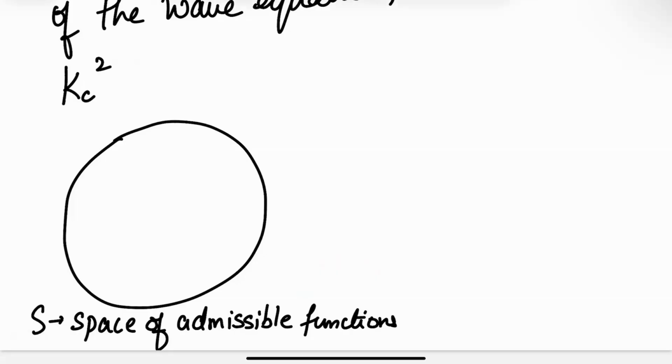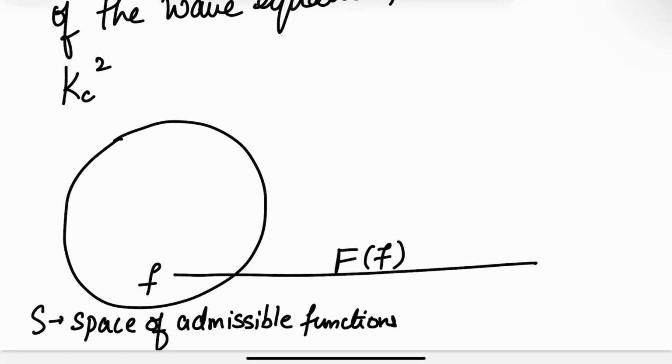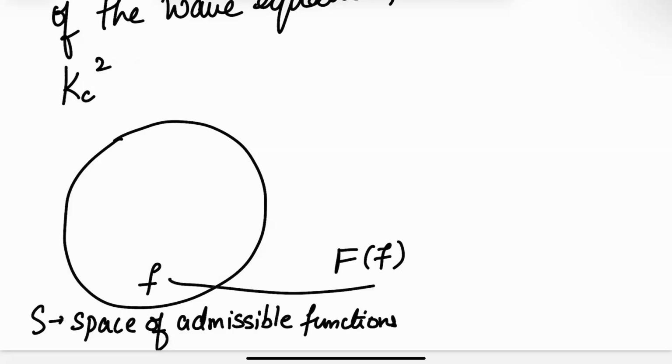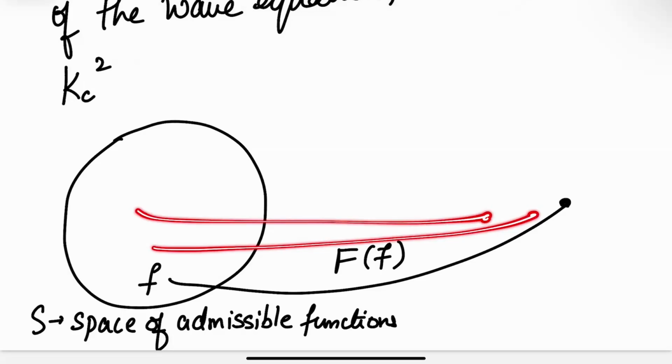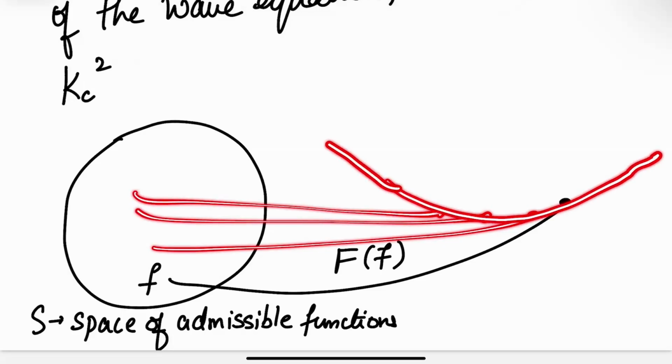Now, in this space I have many functions. Let's say I have some function f. My functional maps f to some point on the real line, so it has some real value. If I map every single function to points on the real line, maybe that maps there, that maps there, these are all values on a real line.